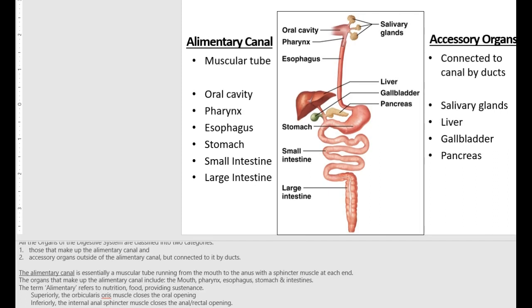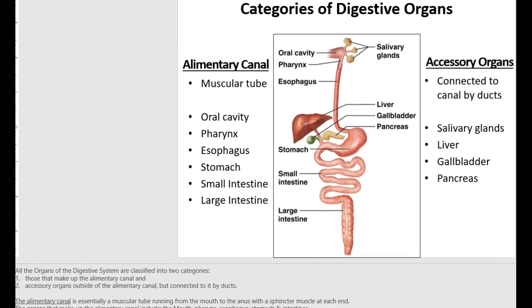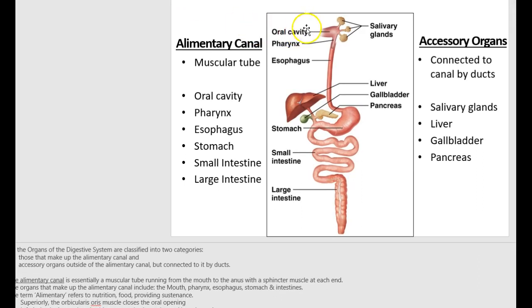So superiorly, the alimentary canal, or this muscular tube, has a sphincter, which is our mouth, essentially, formed by the orbicularis oris muscle. And then, of course, inferiorly, where the anus is, there's an anal sphincter.